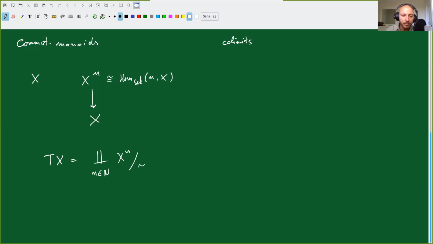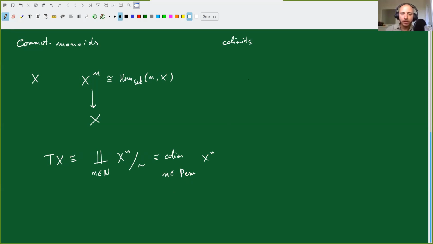So it's more like the colimit in the permutation category, which is the category of finite sets and their permutations, so the core of finite sets, okay?